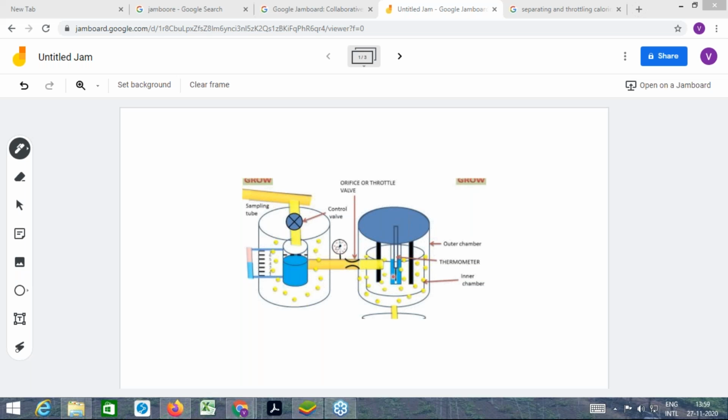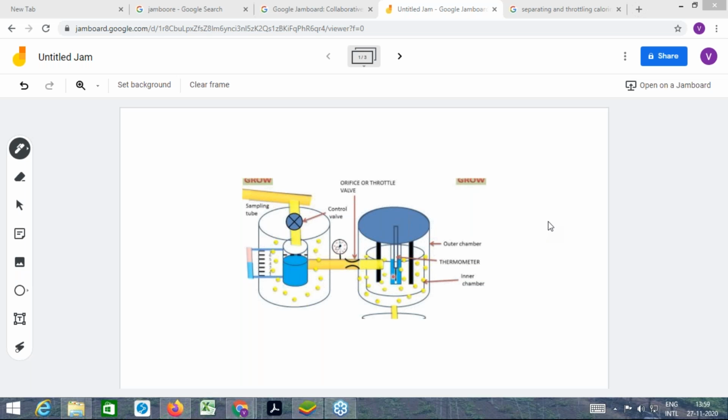This separating and throttling calorimeter which you see in front of you is a device for measuring the what? Can anybody tell me what this device is used for? I had already given you the answer before starting the lecture. What is this device called?